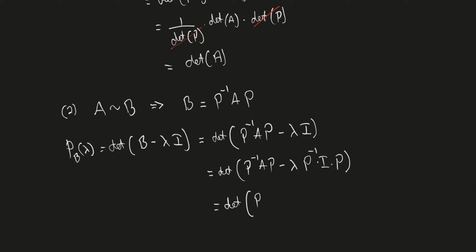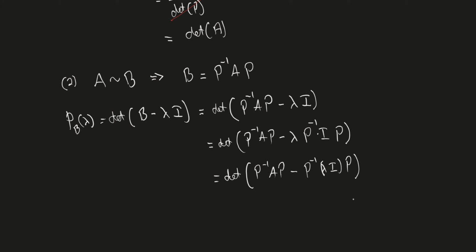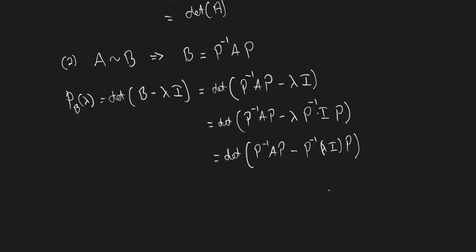Now, with that scalar, remember one of our properties of matrix scalar multiplication is that I can multiply any of these things by lambda, not all of them, but just any one of them. So I'm going to say it's P inverse, and then I'm going to put lambda I there, and then P there. And then here's what we can do. We can now factor. I can factor out the P inverse on the left and factor out the P on the right, so it looks like this.